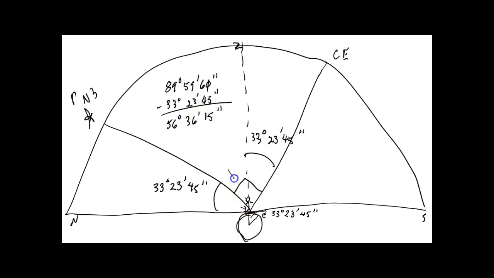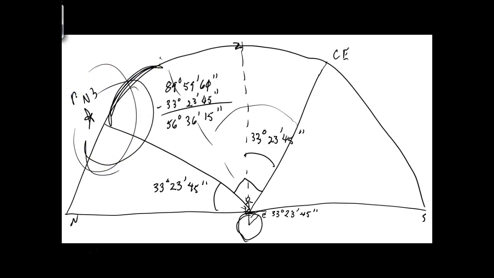So anywhere from that declination, that's how far it is above the north celestial equator, to 90, all the stars in here rotate around and around the North Star and never set. So from 56, 36, 15 to 90.